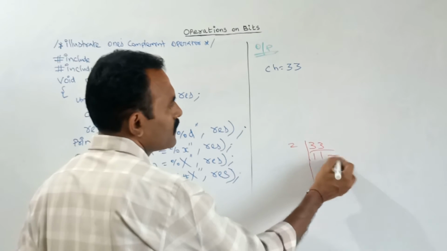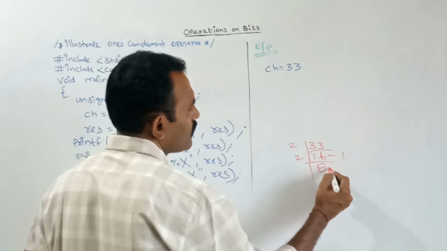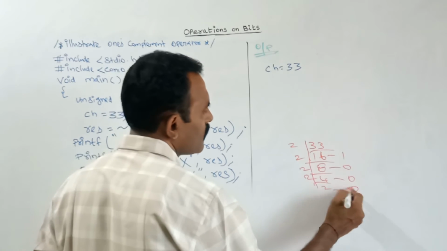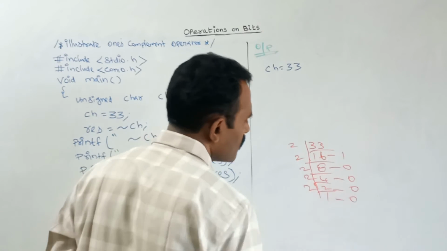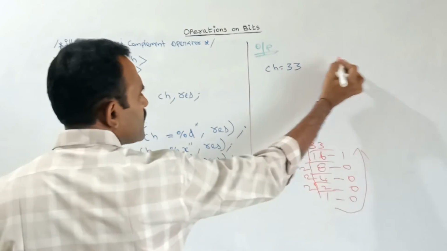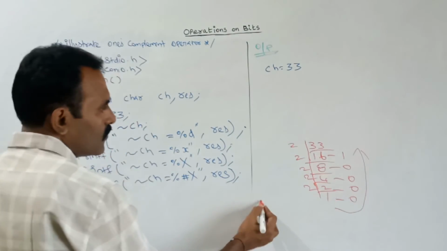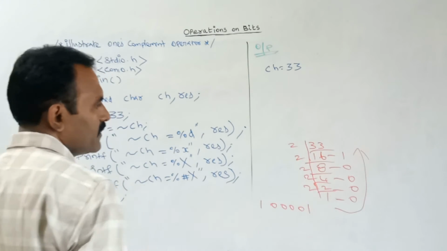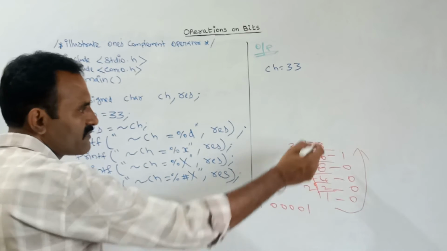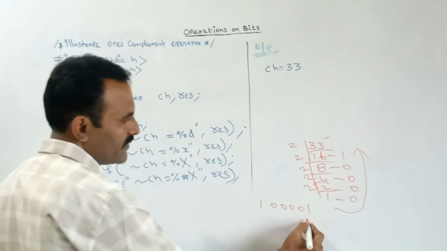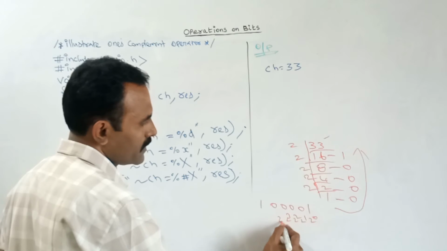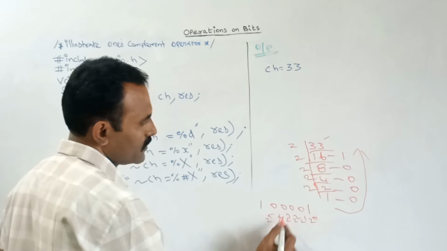So what is the binary value of this 33 here? If you convert this binary into decimal, we will get 33. You take 2 to the power 0, 2 to the power 1, 2 to the power 2, 2 to the power 3, 2 to the power 4 and 2 to the power 5.